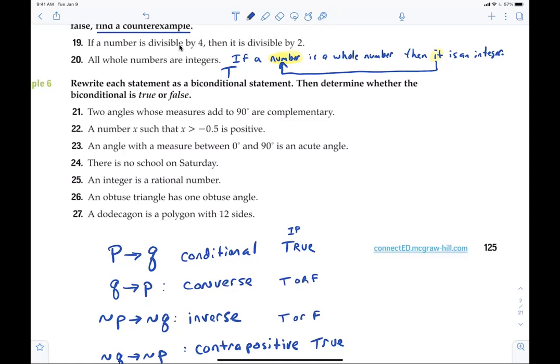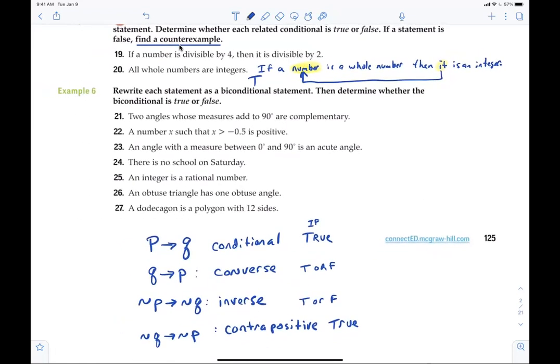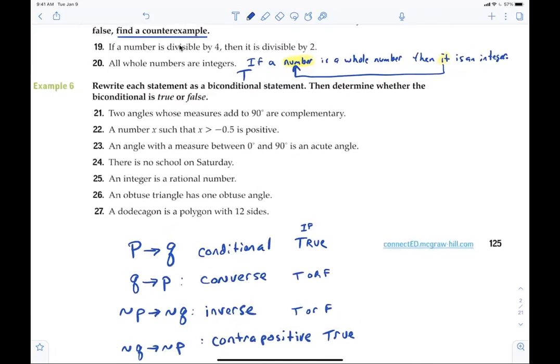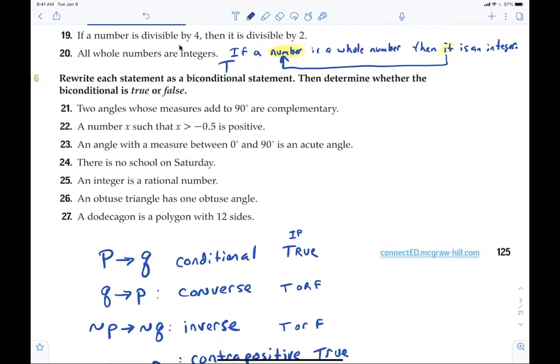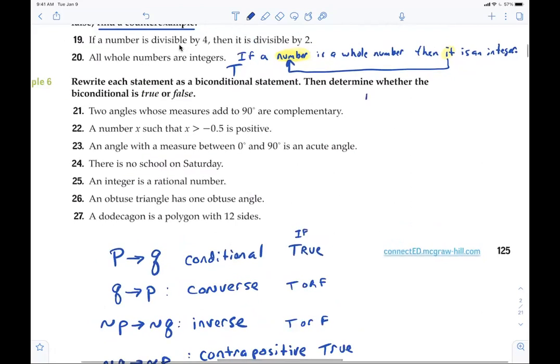Okay, so listen. Boy, we're almost out of time. All right, I still got to talk to you about biconditional. Biconditional is if and only if.